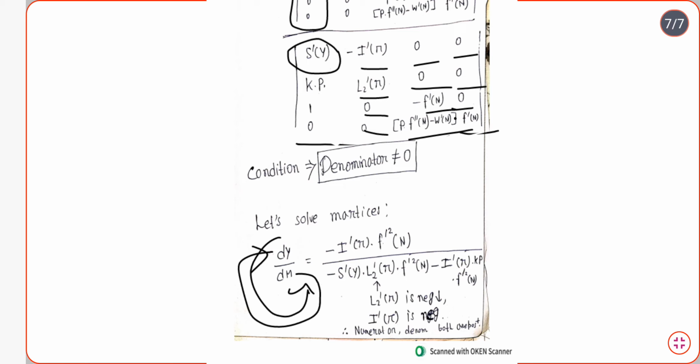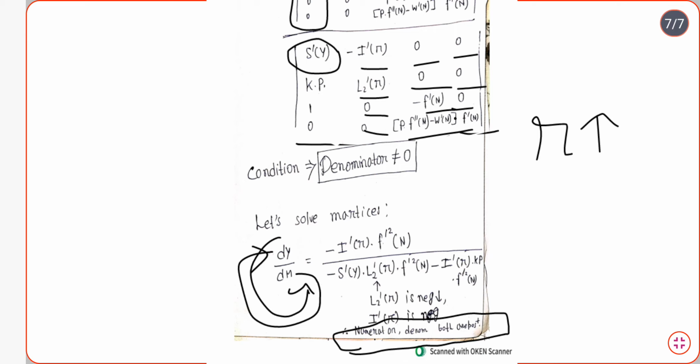Now as we know, L2 dash r is negative, because as the rate of interest increases, our speculative demand for money decreases. That's why it is negative, and I dash r is also negative, because as the rate of interest increases, our investment decreases. So numerator and denominator are both positive. How?